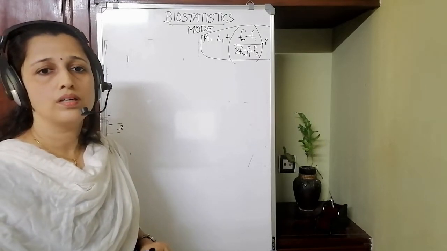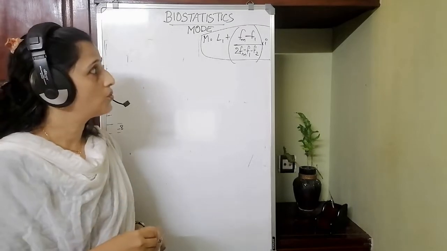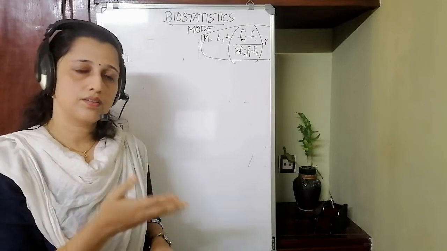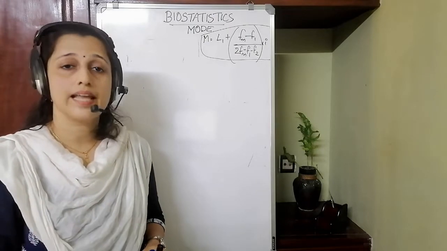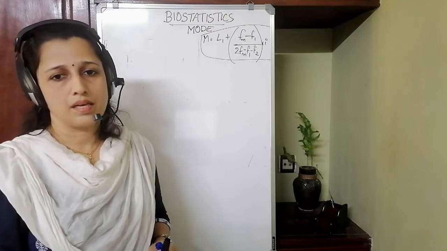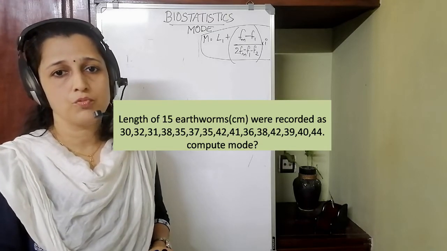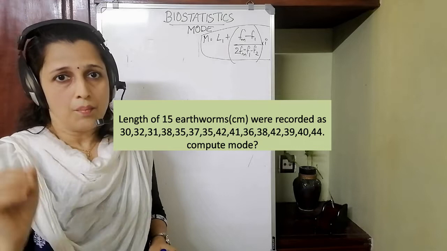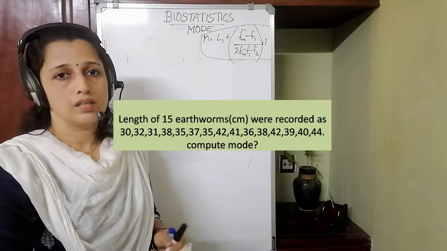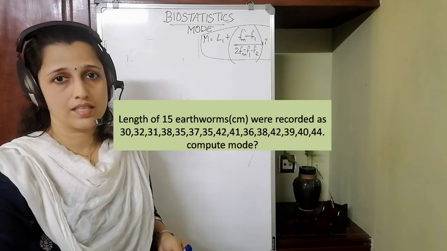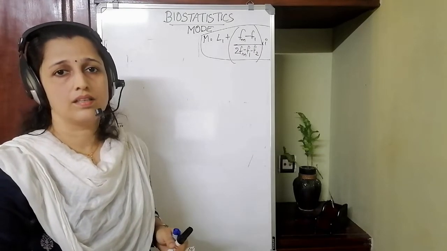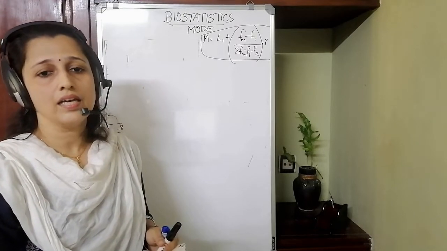Now let's solve a question and see how we compute the mode with the equation. Here is the question given on the screen. It shows the length of 15 earthworms. The first step, as I said earlier, is to make a table, which should include the class interval and the frequency.